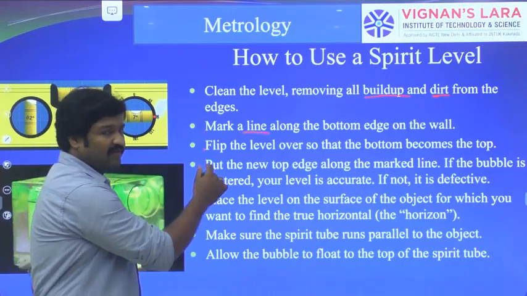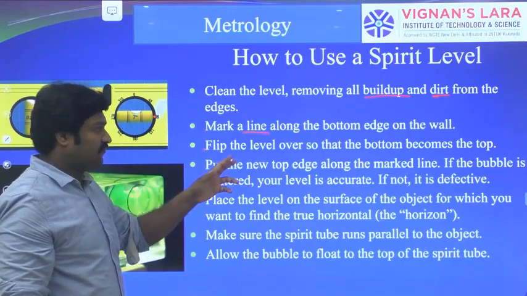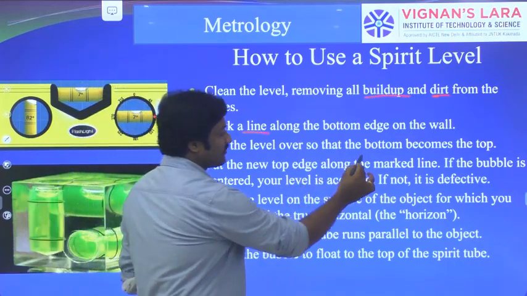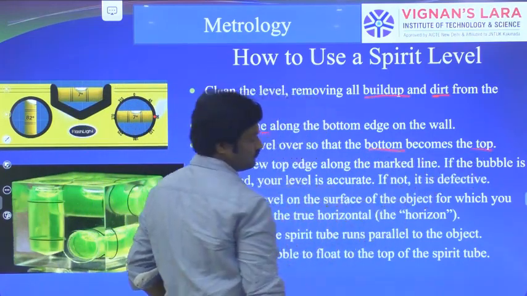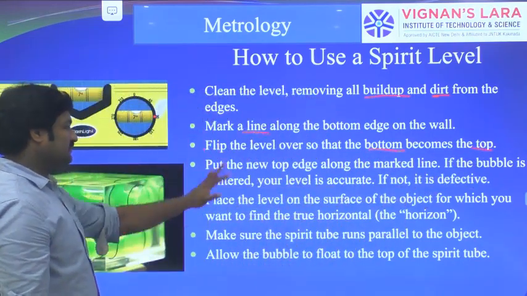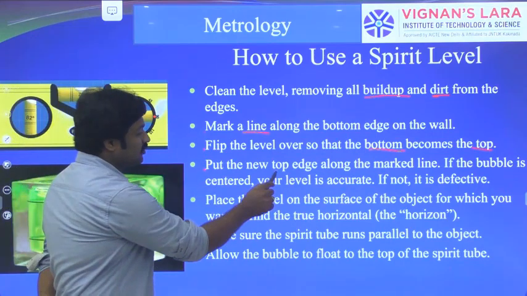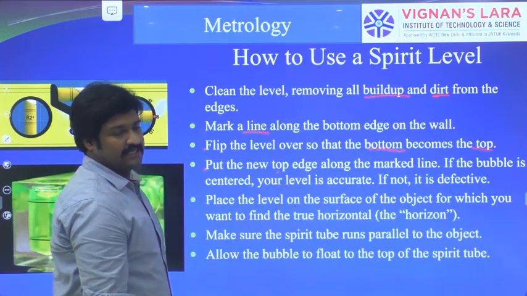Next, we need to mark a line along the bottom edge of the component. Next, flip the level over so that the bottom becomes the top. Now, put the new top edge along the marked line.